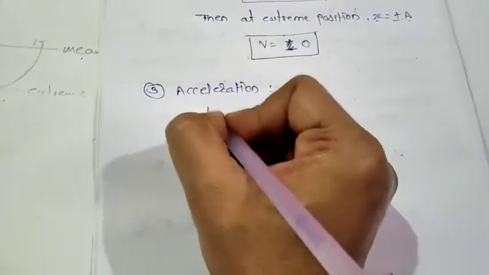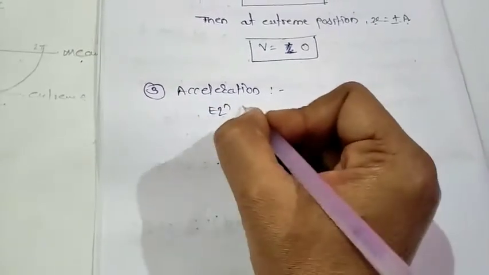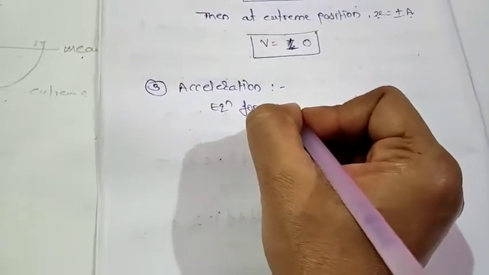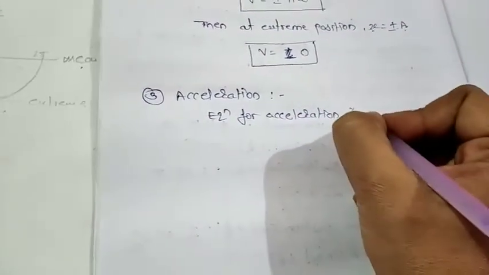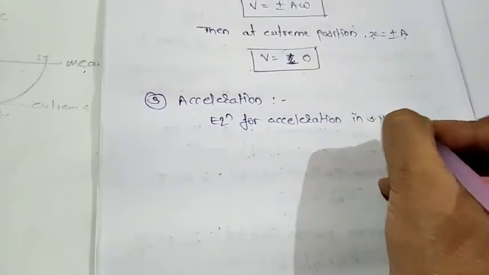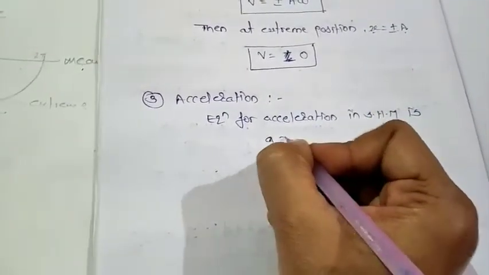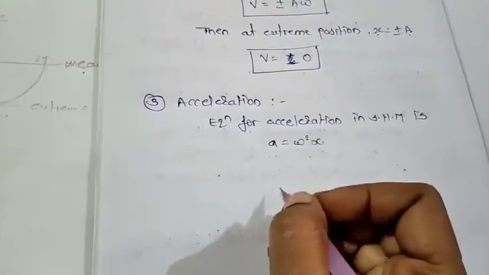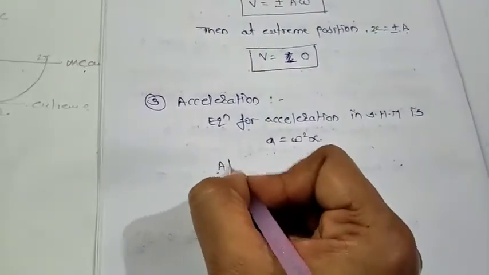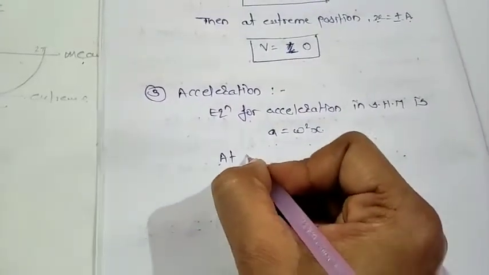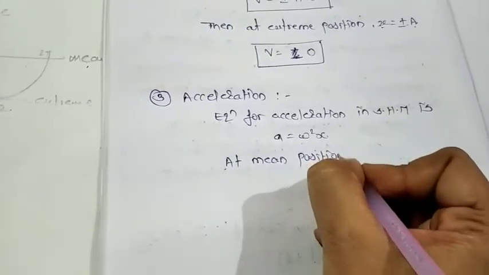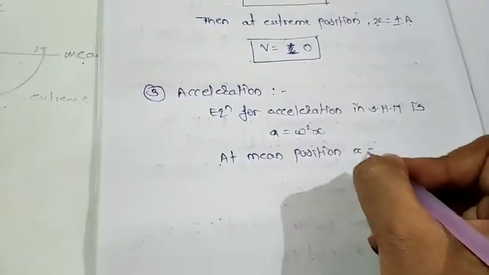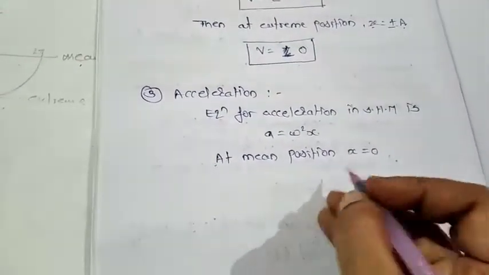The equation for acceleration in SHM is, what is the equation? It is a is equal to minus omega square into x. So at mean position, we know displacement is 0, that is x is equal to 0.